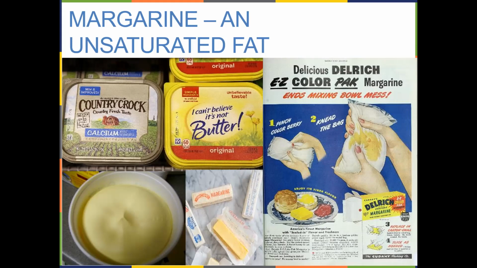And over here, of course, this is how we buy it now with Country Crock, I Can't Believe It's Not Butter, and just plain old generic margarine, for example. You see it looks like butter. It usually tastes like butter. If you haven't had real butter, you don't really notice the difference.